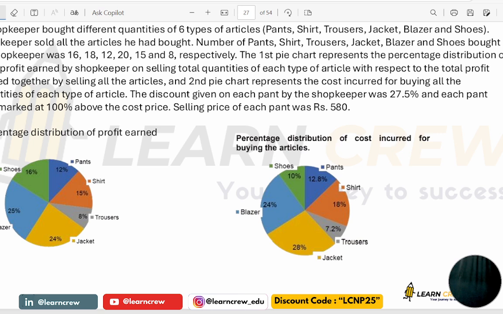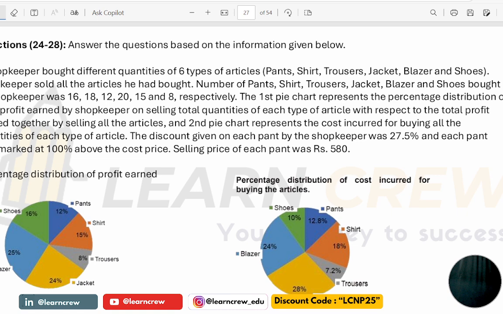The second pie chart represents the cost incurred for buying all the quantities of each type of article. The discount given on each pant by the shopkeeper was 27.5% and each pant was marked 100% above the cost price. The selling price of each pant was 580 rupees. So please see here.